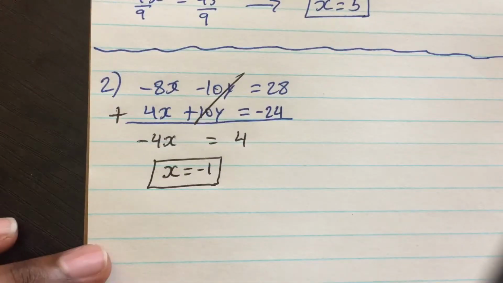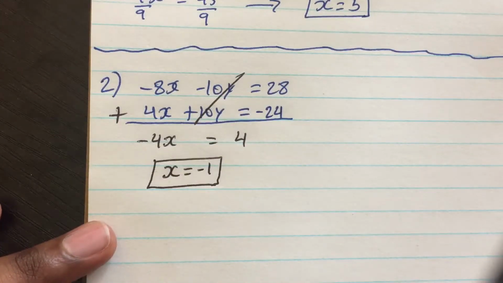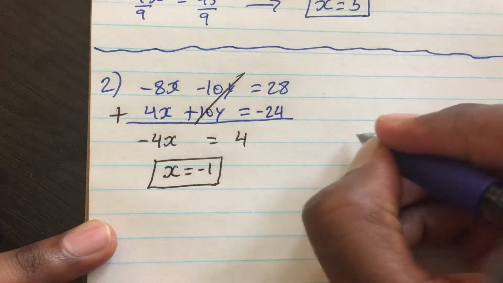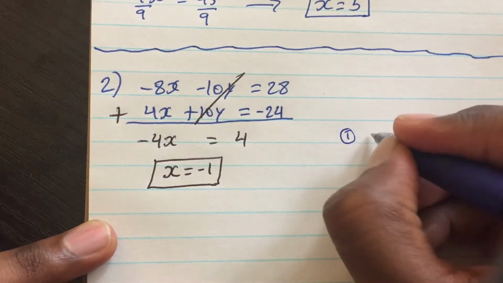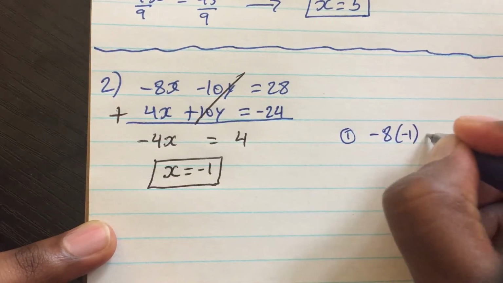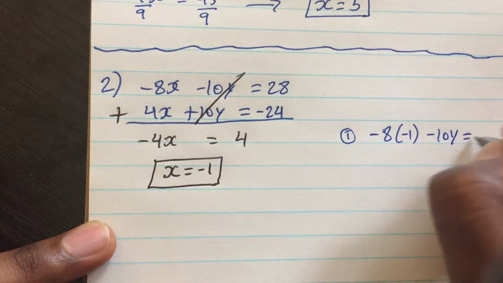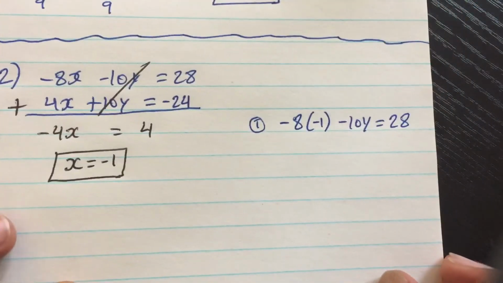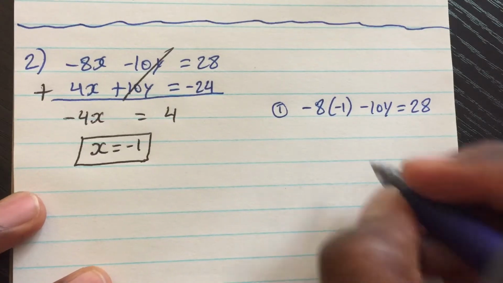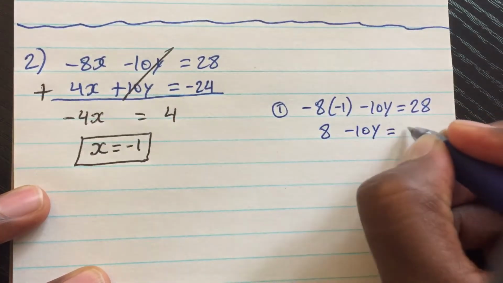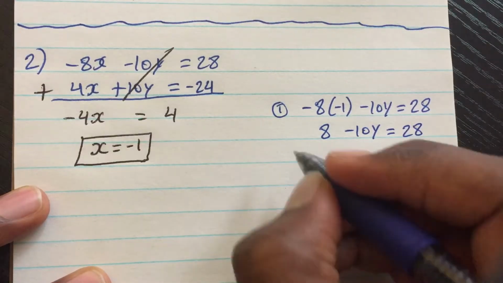And you take that x value, substitute into x in either one of the two equations. So I'll go with equation 1. -8 times your x value minus 10y, I want that to be equal to 28, which is +8 minus 10y equals 28.